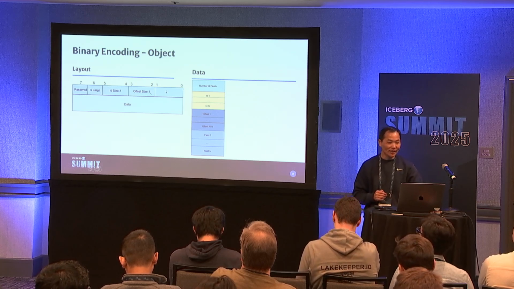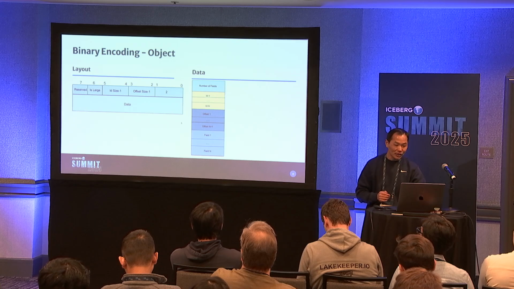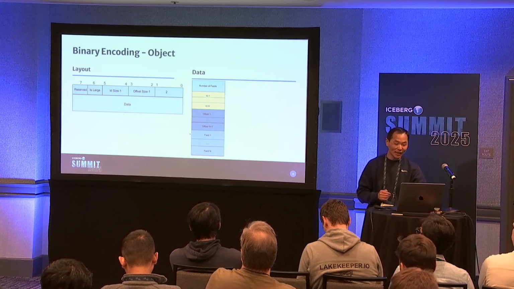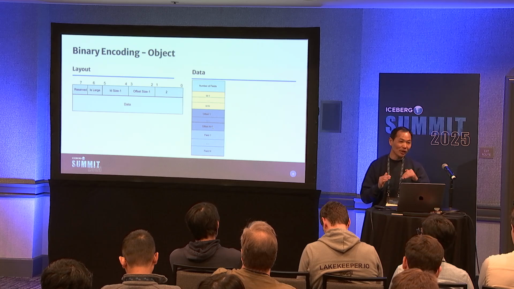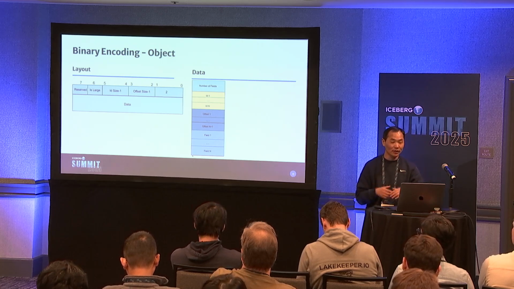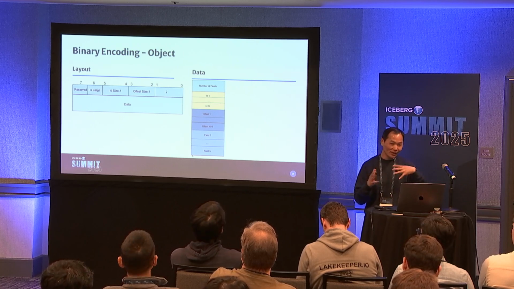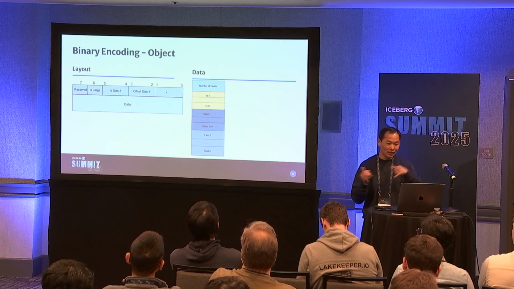Another is the offset size, which is the offset into the actual encoded data. Similarly, we have an offset n plus 1, which points to the end of the list. Hopefully it can be used in certain scenarios to speed things up.